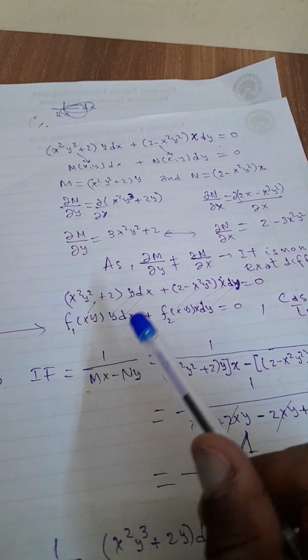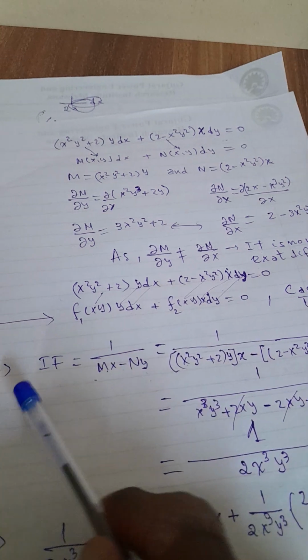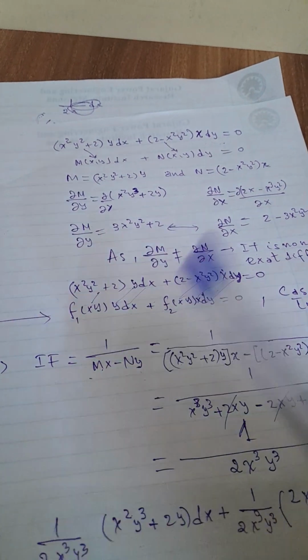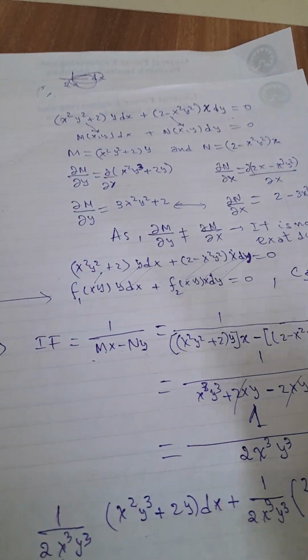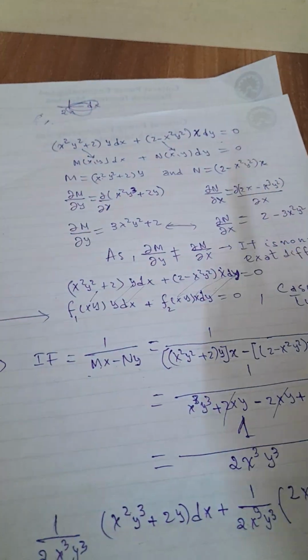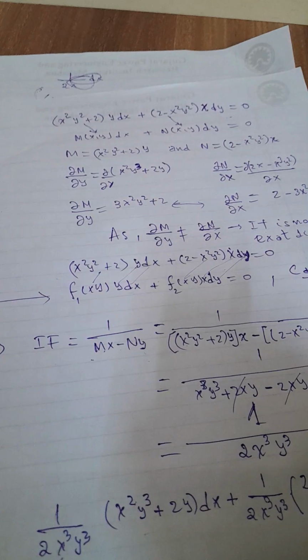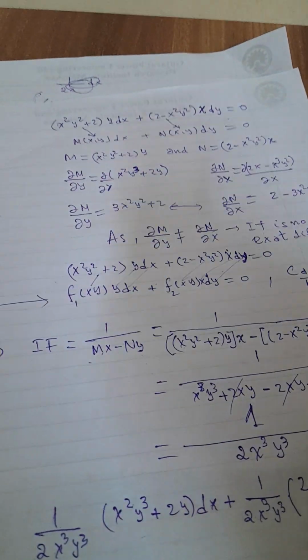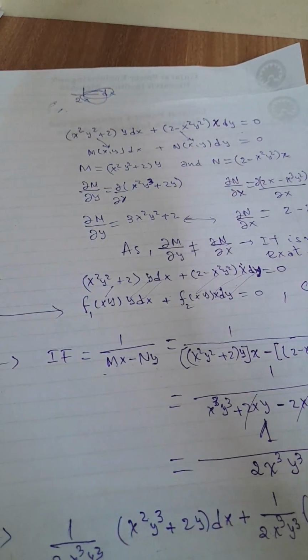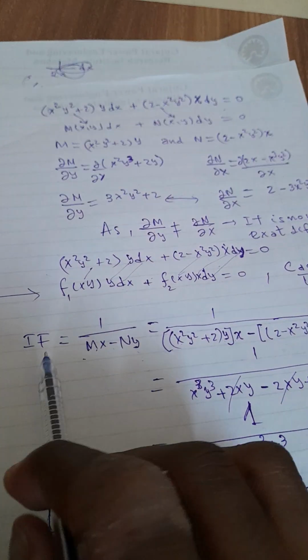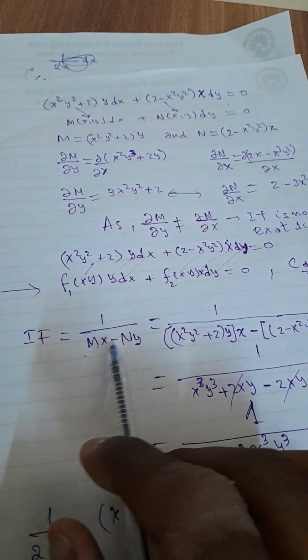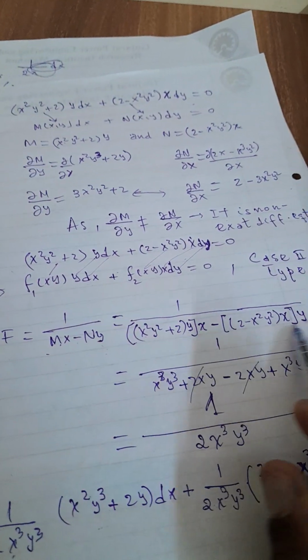For this second case, the integrating factor, the expression that you multiply by the whole non-exact differential equation to reduce it to an exact differential equation, is 1/(Mx - Ny).